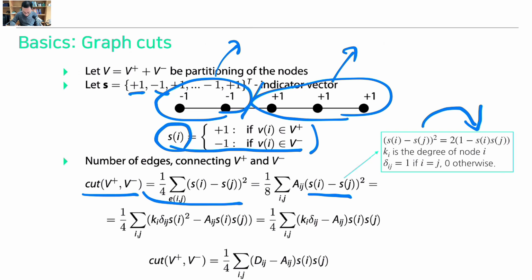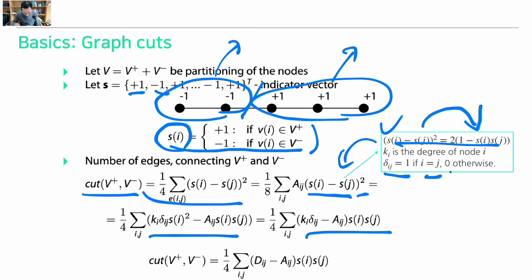We also introduce k_i, the new notation for the degree of node i, and delta_ij becomes 1 if i is equal to j, and otherwise 0. It could be simplified like this, and we can simplify once again like this.